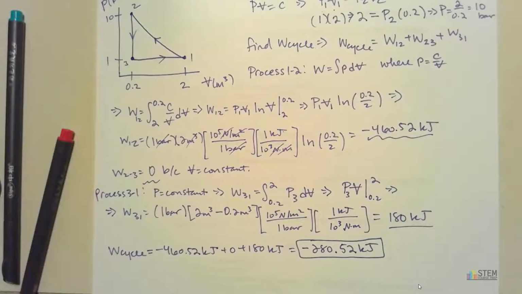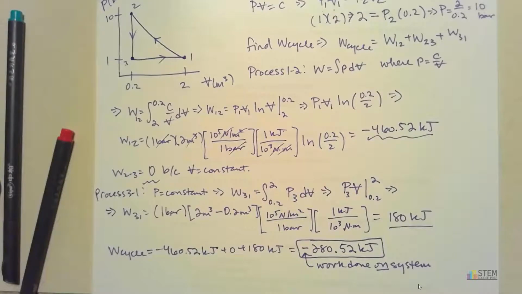Now, the question asks you, is this a power cycle or a refrigeration cycle? We can tell that just by looking at the sign of the work. Remember, if it's negative, that means work is being done on the system. Let's think about a power cycle and a refrigeration cycle. A power cycle is sending work out.